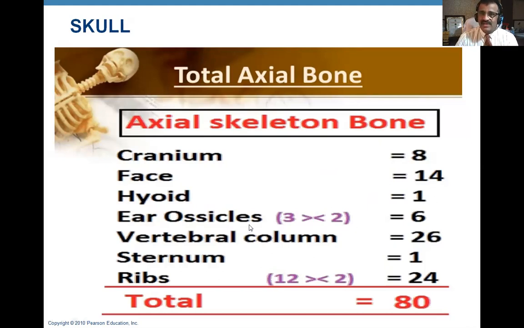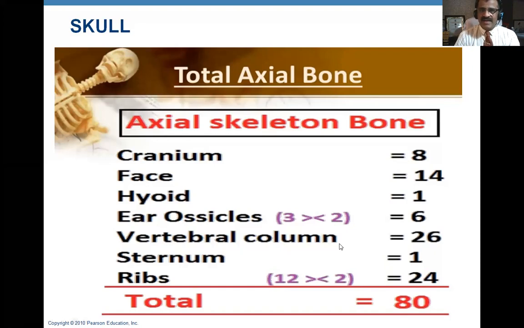And if you add ear ossicles, because there are 3 on each side, the ear bones, stapes, malleus, and incus, present in the middle ear cavity, they are separate bones, so you can count them, 3 on each side, total 6. So your number of bones in the skull becomes 29. So you have to use the words including and excluding while telling the right answer.